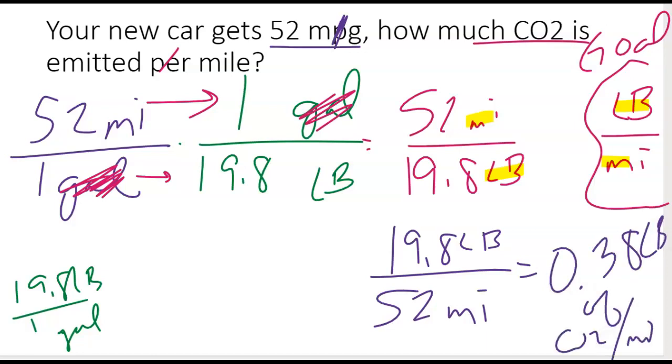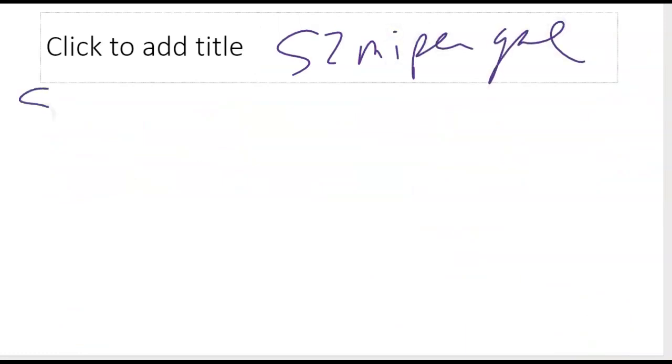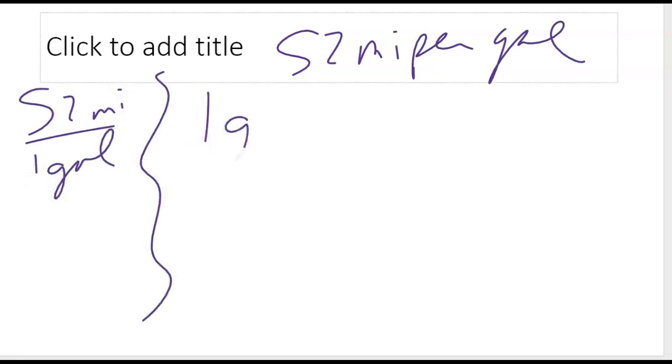And if you're thinking right now that it makes no sense why you can do that, well, let me do this a different way. I want to show you this same problem. If we start with 52 miles per gallon, so we're saying 52 miles is 1 gallon. That's the same as saying, well, let's start with 1 gallon is 52 miles. That's an identity ratio.